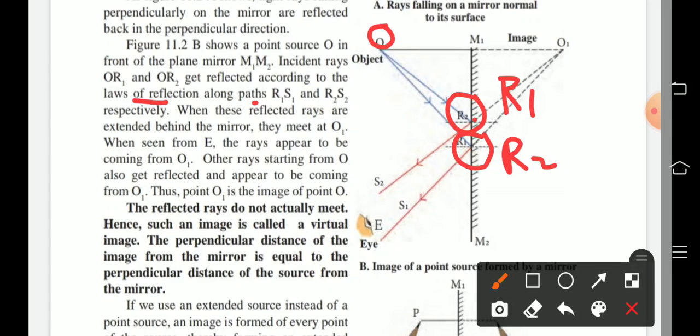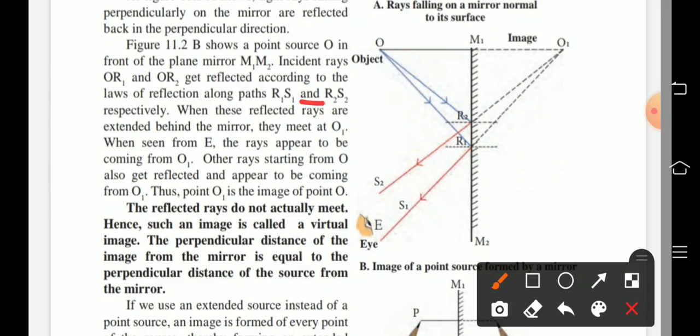So OR1 reflects from the point R1 in this direction, so R1S1, and OR2 is reflected in the direction R2S2. Check there in the figure. Getting all of you. So these are the reflected rays respectively.